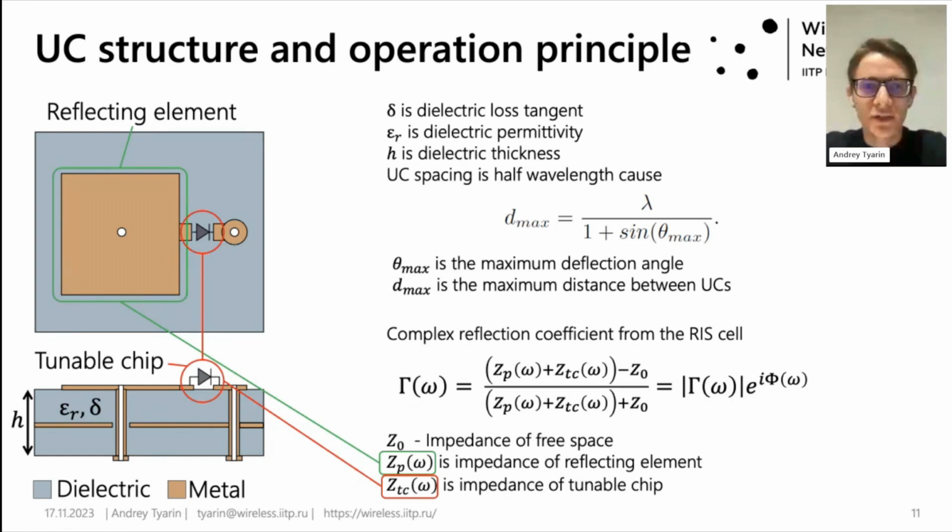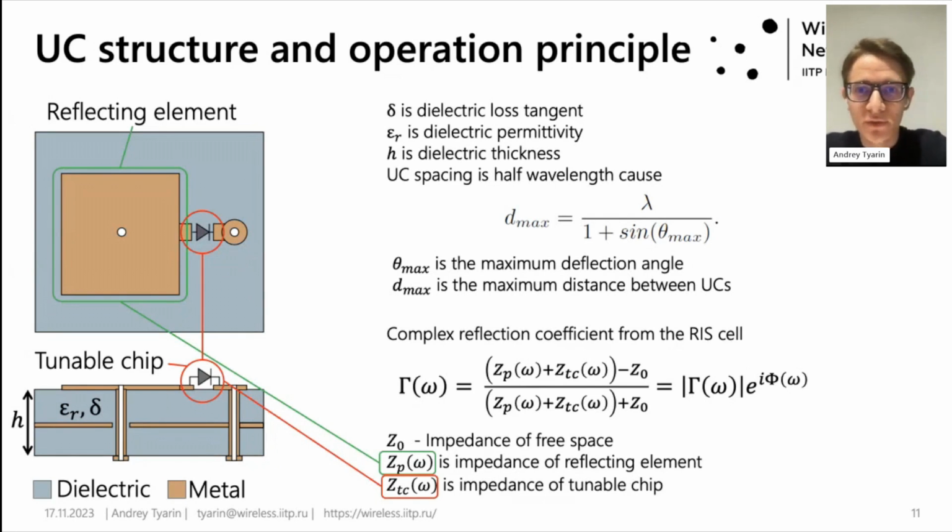The top layer necessarily contains a reflecting element, and its dimensions define the RIS operating frequency band. The tunable chip can be located on the top layer, but it can be placed on the lower layer. The tunable chip is required for changing the UC impedance.